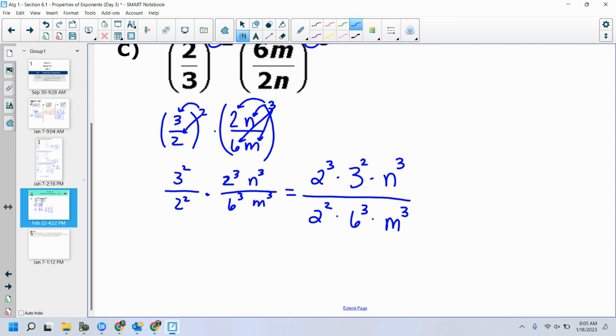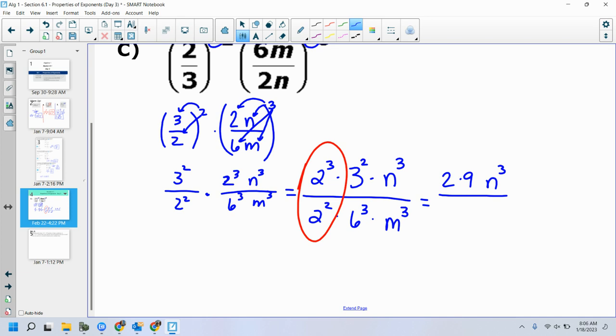Do you see what I can do right here? What do I do with the exponents on that base of 2? What do I do with those exponents? Somebody tell me. Subtract them, yeah. So this would be like saying 2 to the first, or just 2, times, now we can evaluate it, 3 squared is 9, n to the third, over 6 to the third.